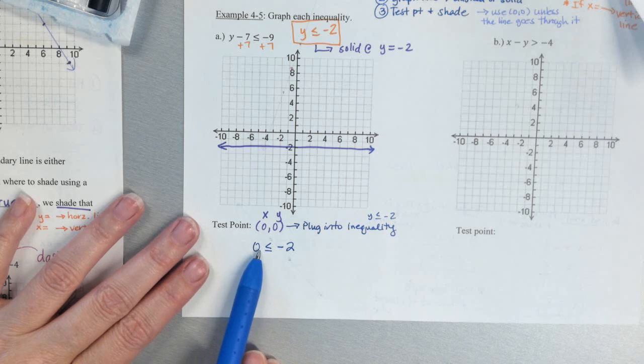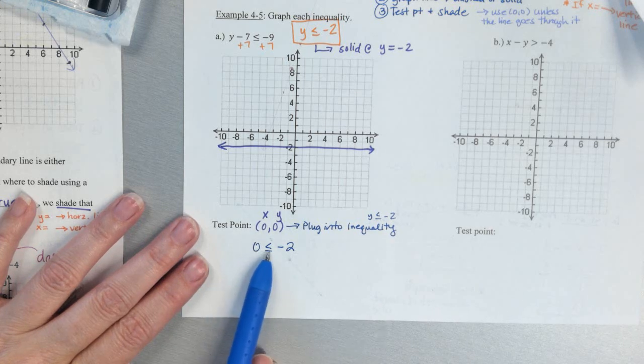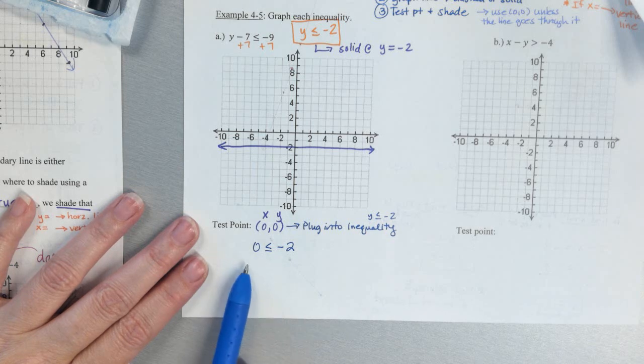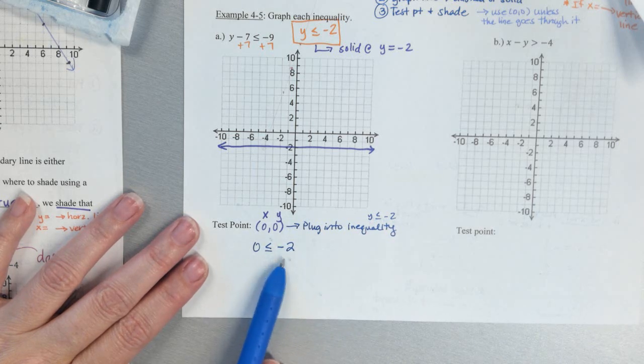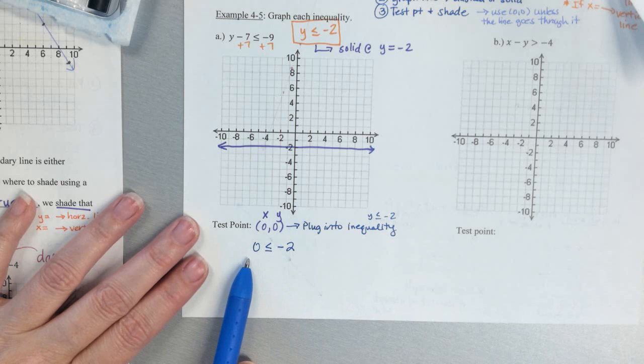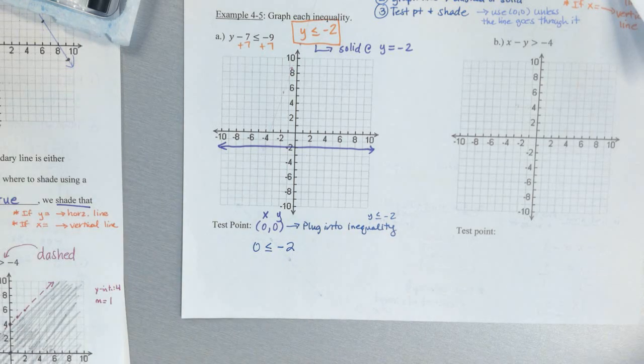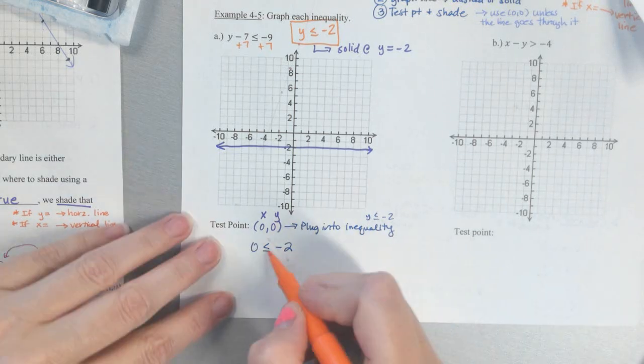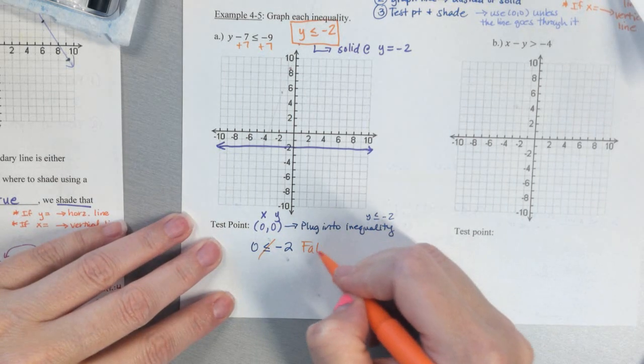What you do have to do is tell me if this is true or false. So 0 is less than or equal to negative 2. True or false? So this is saying negative 2 is bigger than 0. False. Okay, so if it's false, we put a slash through it, like this, and then we're going to say false.